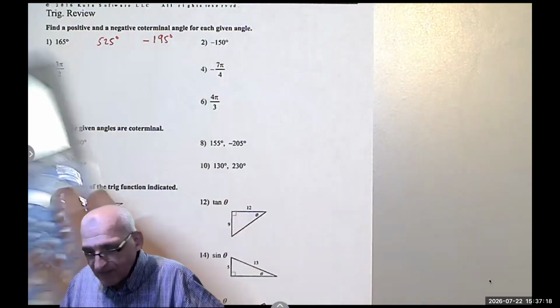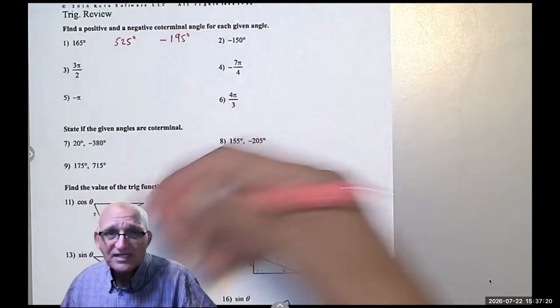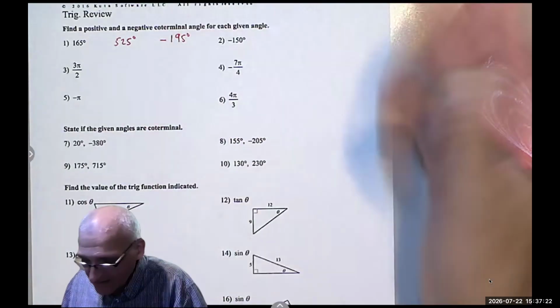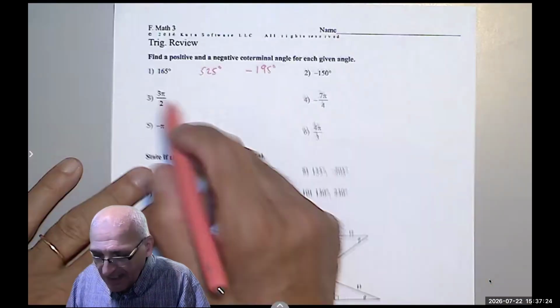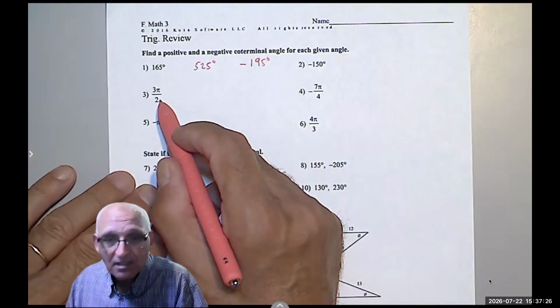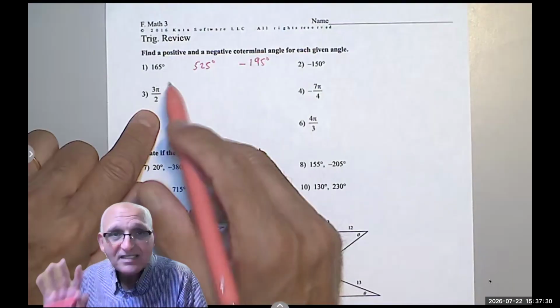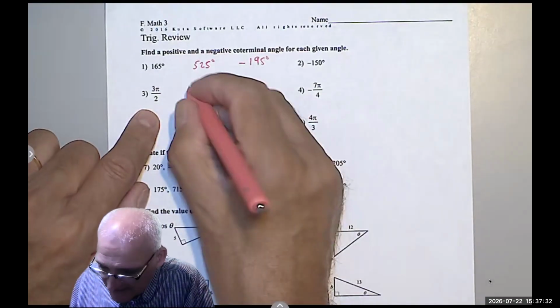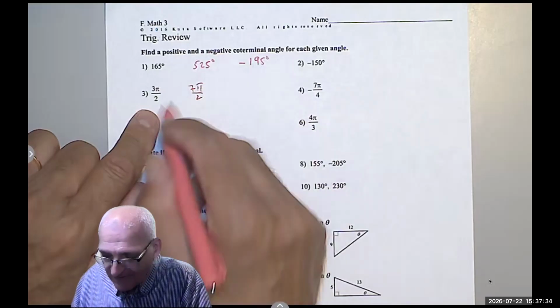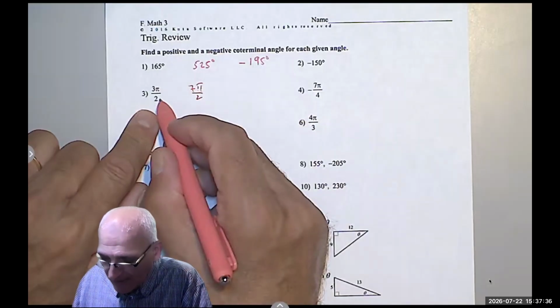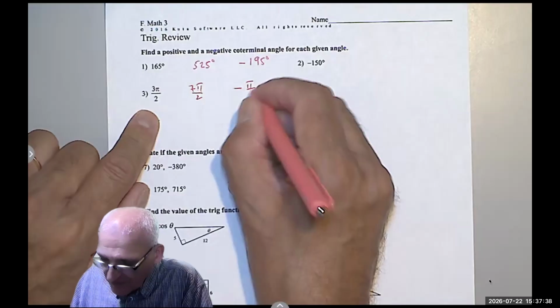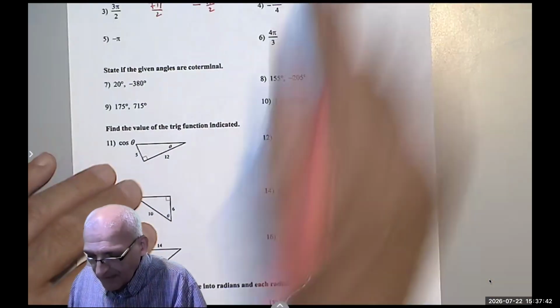Okay, so once you add 360 or subtract 360 it's the same. Here you add or subtract 2 pi. So this is 3 pi over 2. If I add 2 pi, which is 4 pi over 2, I get 7 pi over 2. If I subtract 2 pi, I get negative pi over 2. And I think the rest is the same, so I'm not going to waste your time on that.